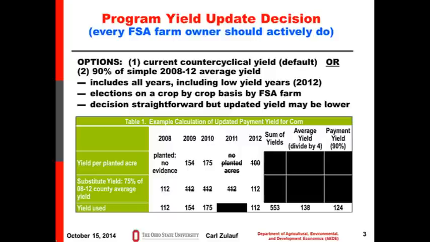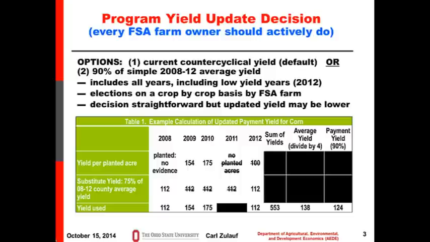So if there's any year for which you do not have the evidence or cannot get the evidence, the yield that will go into the update calculation would be 75% of the 2008 through 2012 county average yield. In all other years, this is a minimum yield. For example, in this particular situation, if you look at the year 2012, the actual yield that the farmer had in this situation was 100 bushels an acre.